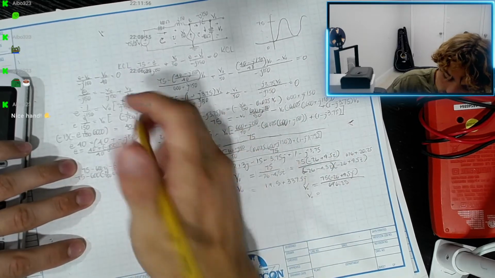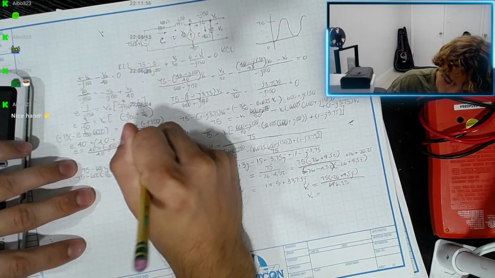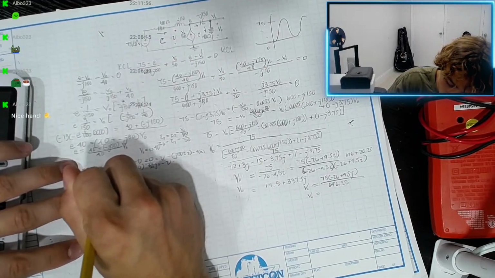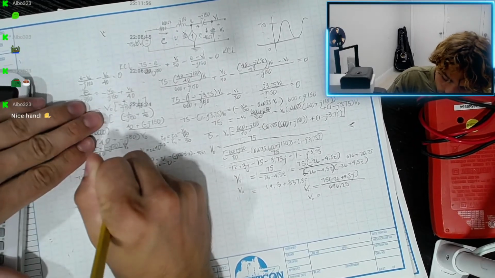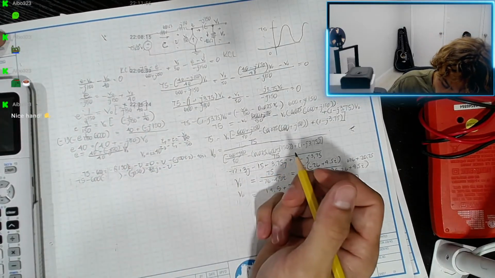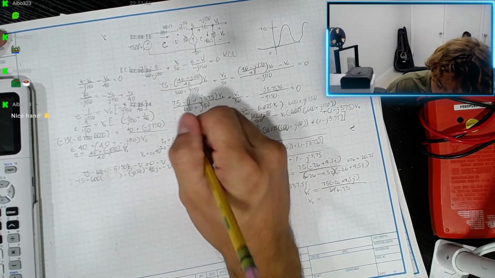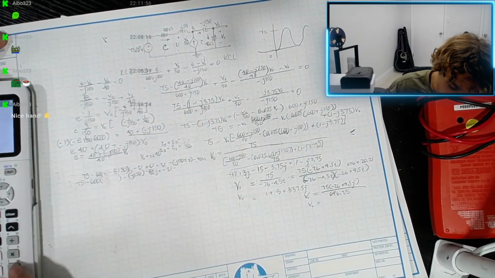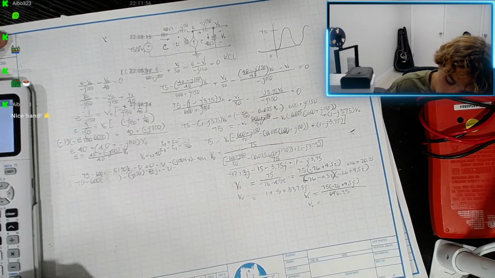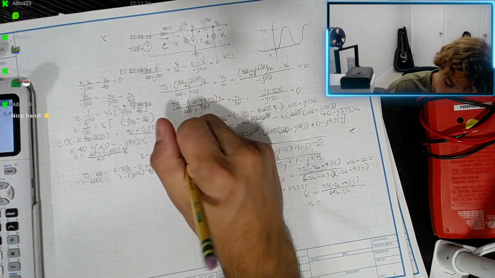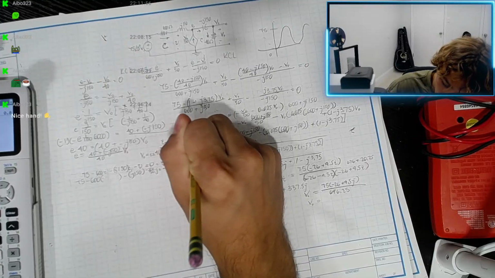Okay, and then V out equals I2 times 40. So V out equals 40 I2, and I2 minus 40 I2 divided by 50 gives 0.8 I2.